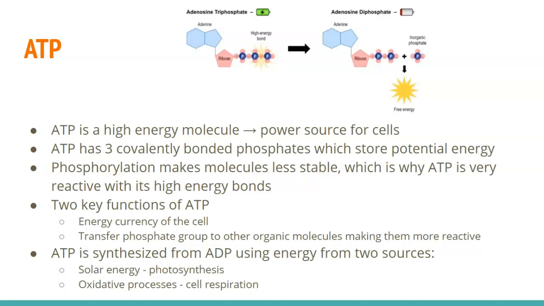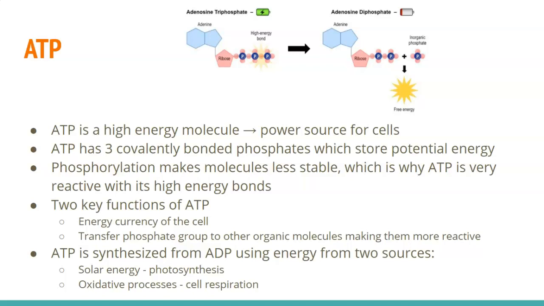You can also add phosphates onto glucose, which is actually what we're going to talk about in a little bit. When you take these energy bonds and move these phosphates around through phosphorylation, you make molecules less stable. By making them less stable, you make them more reactive. And that's what we're looking for.